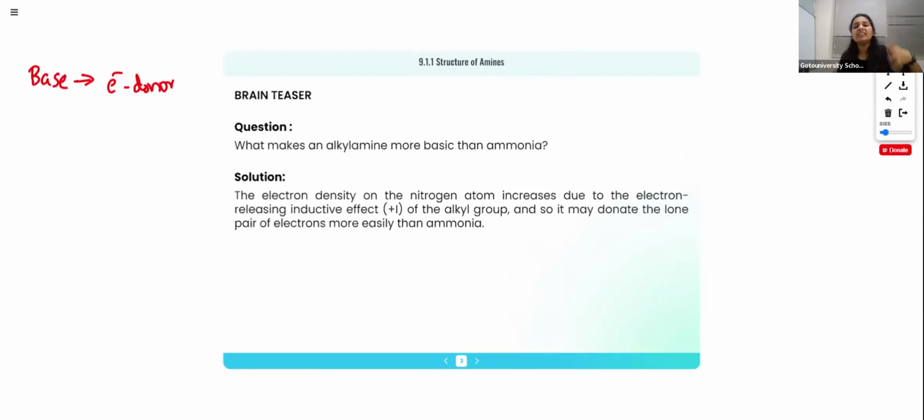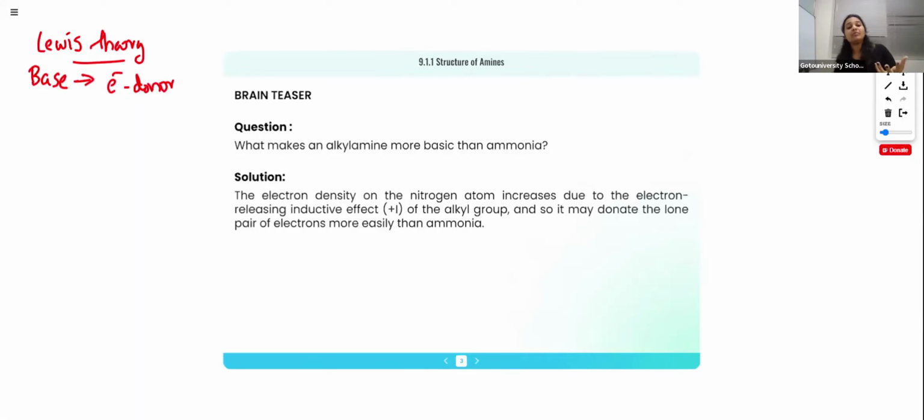Okay, so in terms of electrons, we can define acids and bases by Lewis theory. So that is called Lewis acid and Lewis base. What is a Lewis base? Lewis base means they have a tendency to donate electron pairs.